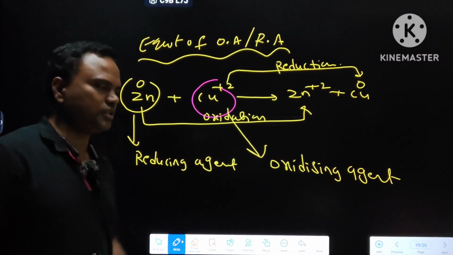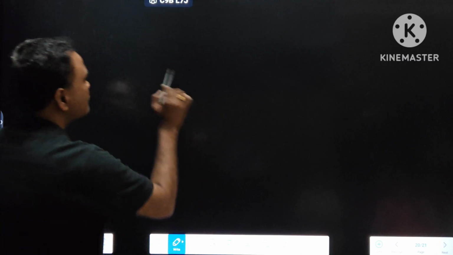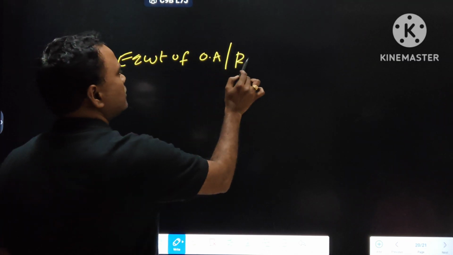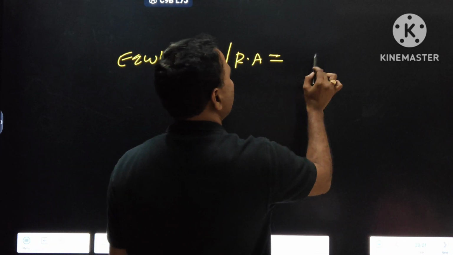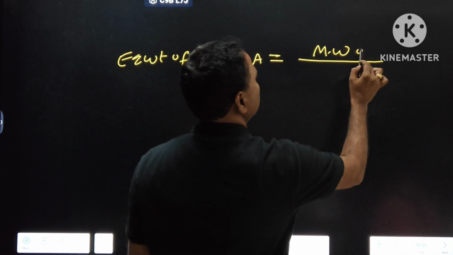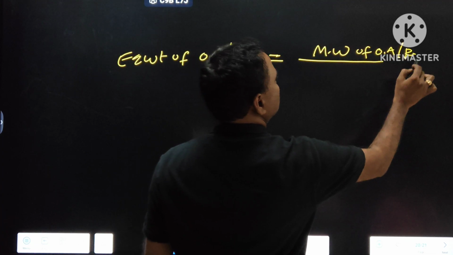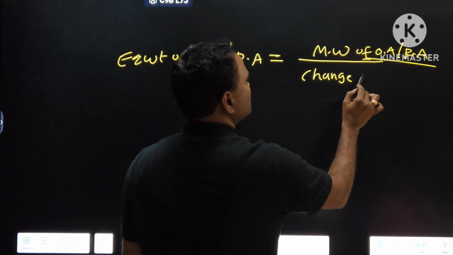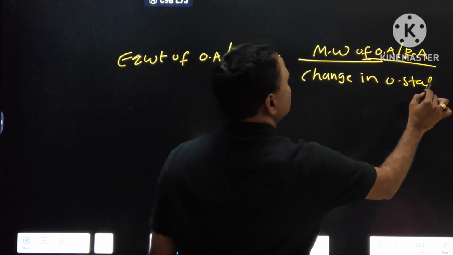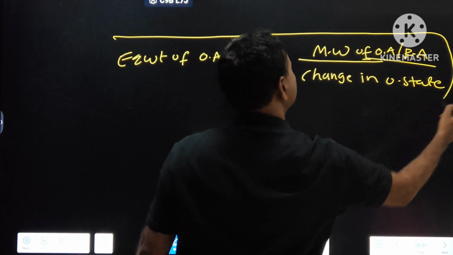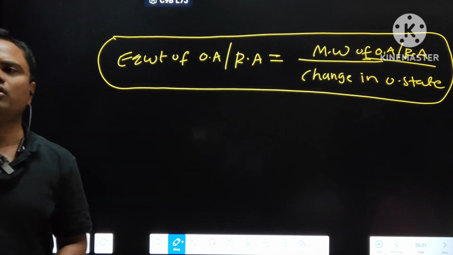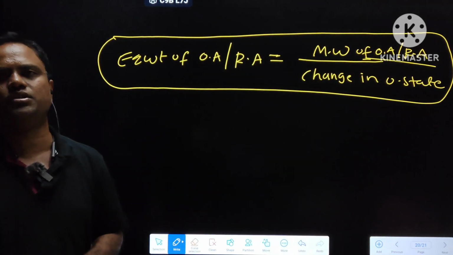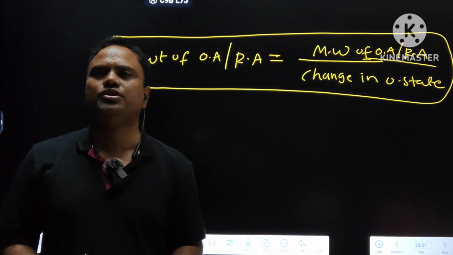Equivalent weight of an oxidizing agent or reducing agent is equal to its molecular weight divided by the change in oxidation state, or N factor.